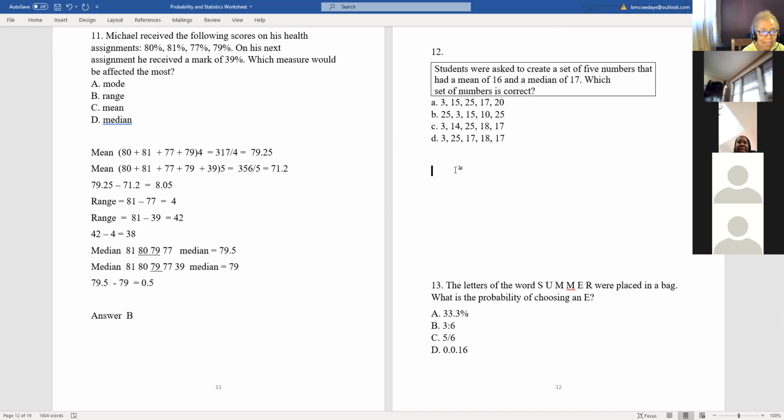Not really a guess, but the trick was that I saw 17 at letter D, and I said, well, 16 is close to 17, and that's how I got it. I did it the tricky way. It's in the middle, so that's why I said the answer looks like it's D.